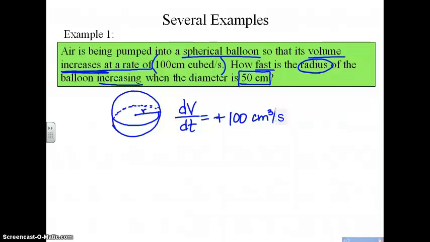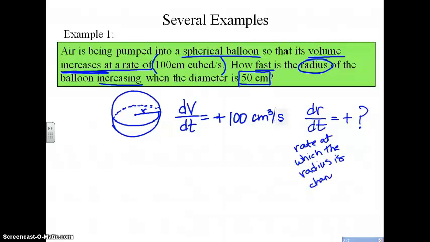How fast is the radius of the balloon increasing? At what rate, how fast is the radius of the balloon increasing? This is the rate at which the radius is changing with respect to time.